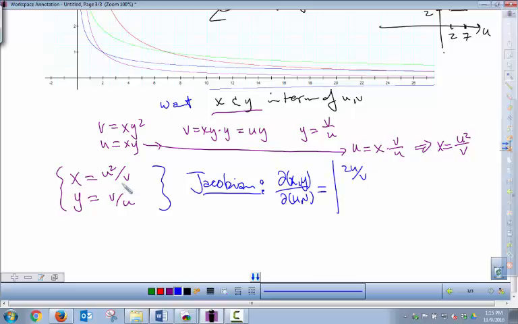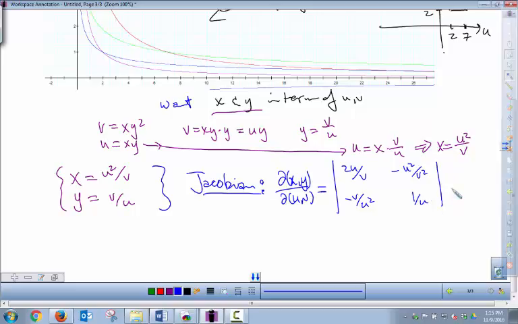The derivative of this with respect to v is negative u squared over v squared, from v to the negative 1. The derivative of y with respect to u is going to be negative v over u squared, and the derivative of this one with respect to v is just 1 over u.